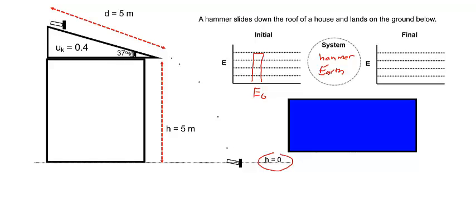But that roof is going to be doing something. It's going to be exerting an external frictional force, because it's not part of the system, in the opposite direction of motion. Basically the hammer is going down the rooftop and the kinetic friction is in the opposite direction. What does that mean? That means that the frictional force is going to be removing energy.